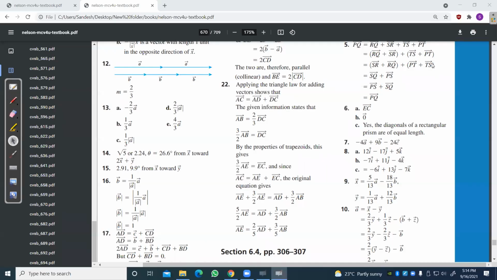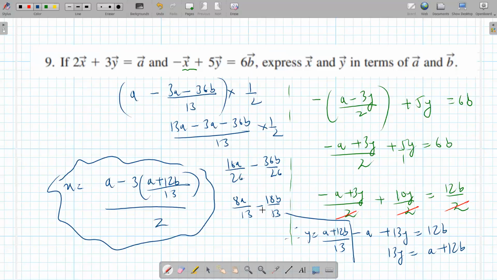I think that's what they have as well. This should have been a 5. Yeah, my bad, because 13 minus 3 is 10, not 16. So 10a over 26 becomes 5a over 13. And there we go. That's what x is, the final answer, which is the simplified version of this.